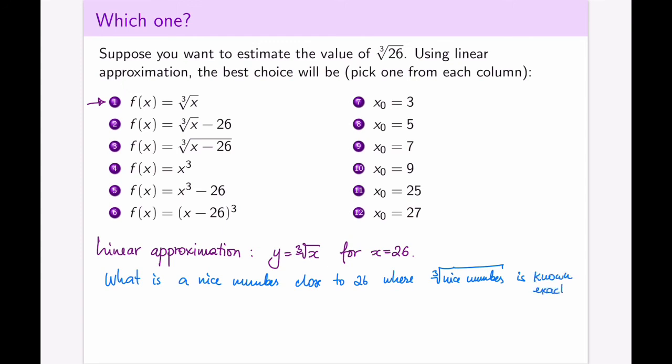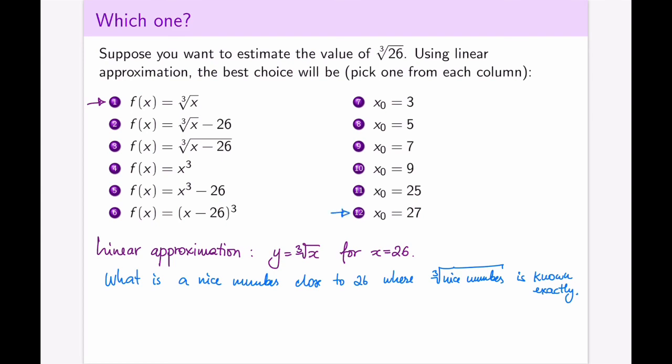So let's try to think of numbers here. The cube root of 1 is 1. The next cube is 8, so the cube root of 8 is 2. The next cube is 27, so the cube root of 27 is 3. Notice 27 is close to 26, and we can take its cube root, which means that 27 is our nice number of choice.